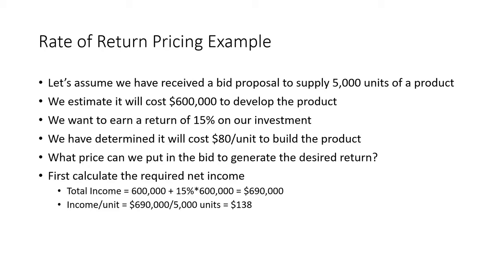The income per unit that we need to generate is the $690,000 divided by the 5,000 units that we're going to sell, which gives us $138 of income per unit.